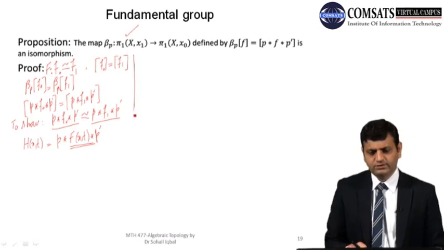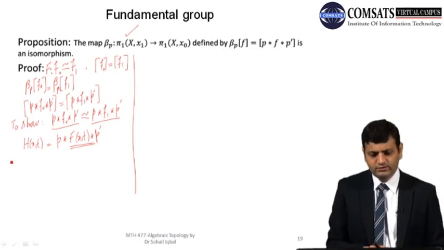Now we have to show that this is an isomorphism. So first we show that this is a homomorphism. So beta P is a homomorphism. How to show that this is a homomorphism? Start from beta P of f star g.